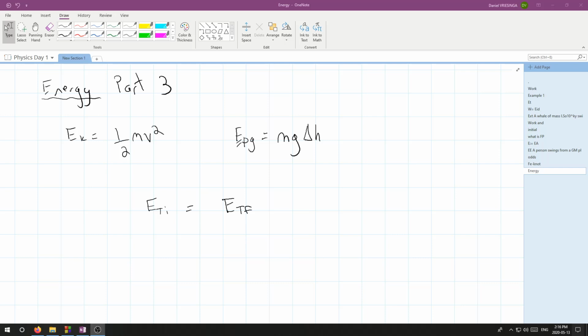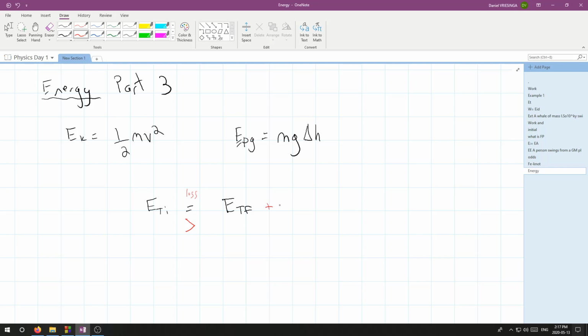After an experiment, you're always going to lose some energy, whether that be to friction or dissipative type forces, right? So your total initial energy should always be bigger than your total final energy.